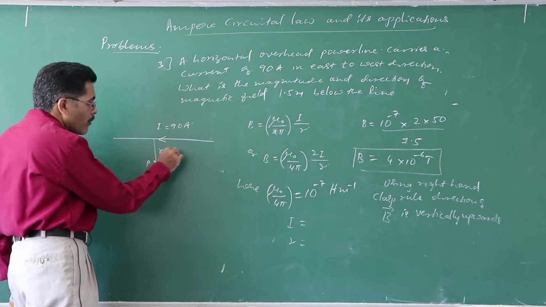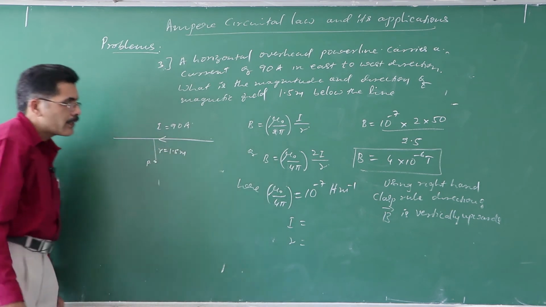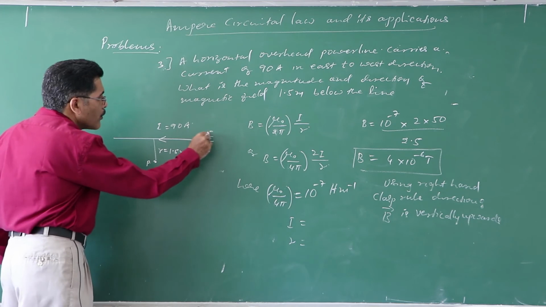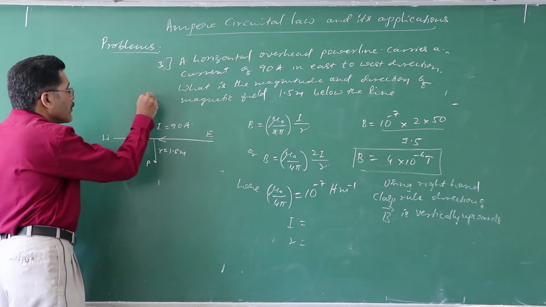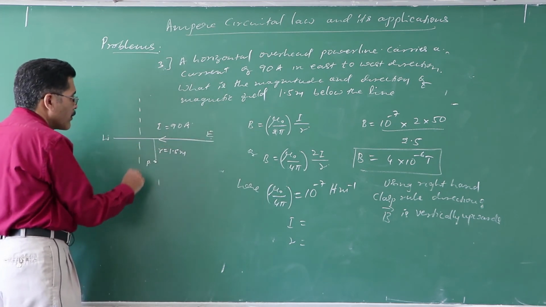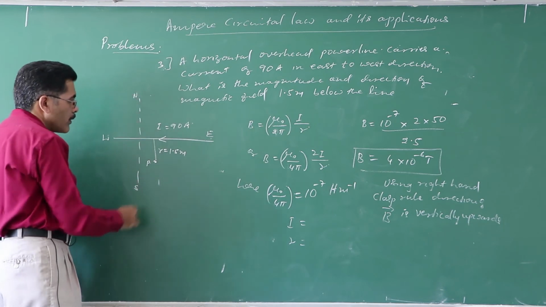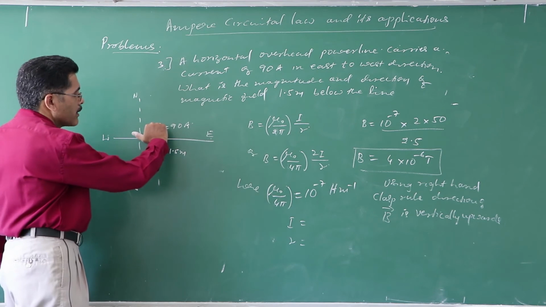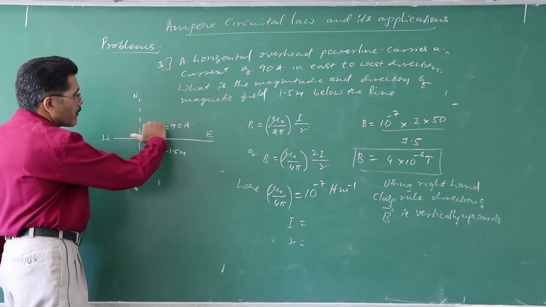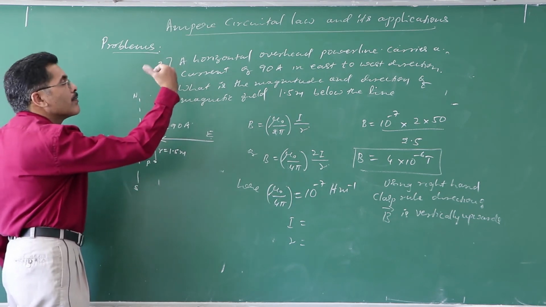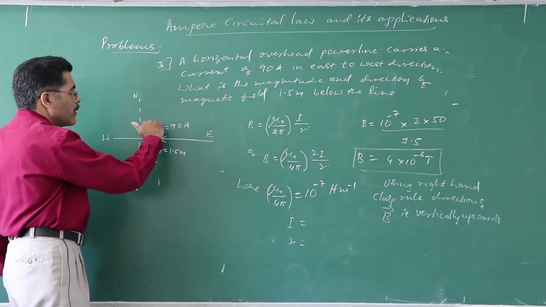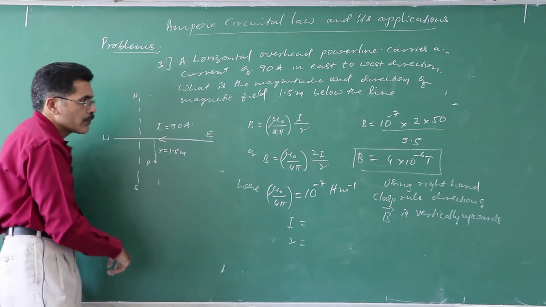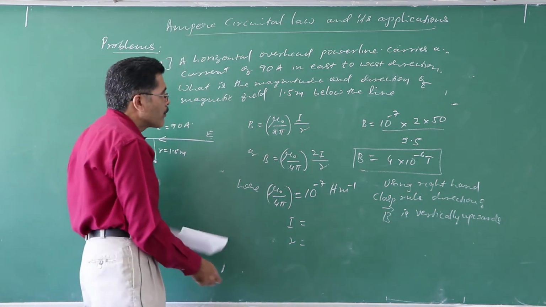The distance is 1.5 meter. So now you come to know that this is east to west, and this is north south. You just clasp this with the right hand, thumb pointing in the direction of current. The direction of the fingers is south, towards south. Therefore the direction of the magnetic field is south.